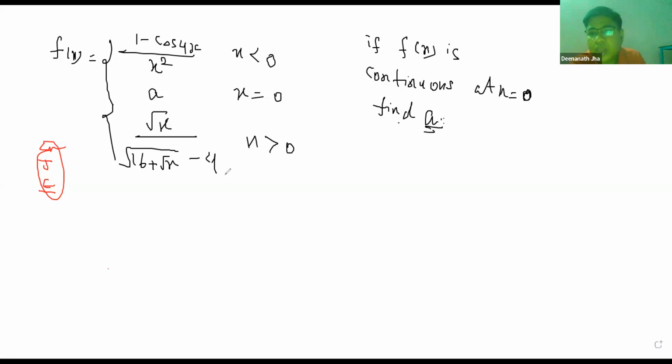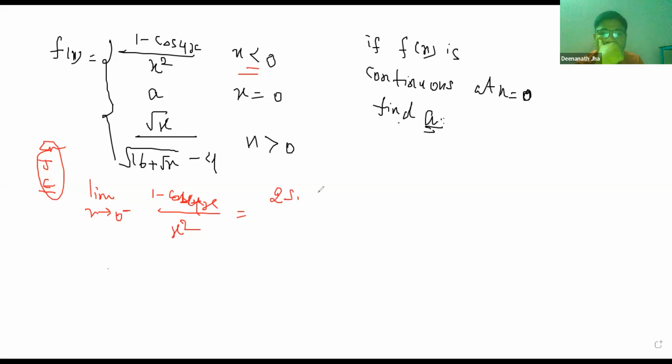Okay, I am solving this question. First of all, when you take x less than 0, limit x tends to 0 minus of 1 minus cos 4x divided by x squared. 1 minus cos 4x, you can write as 2 sin squared 2x.